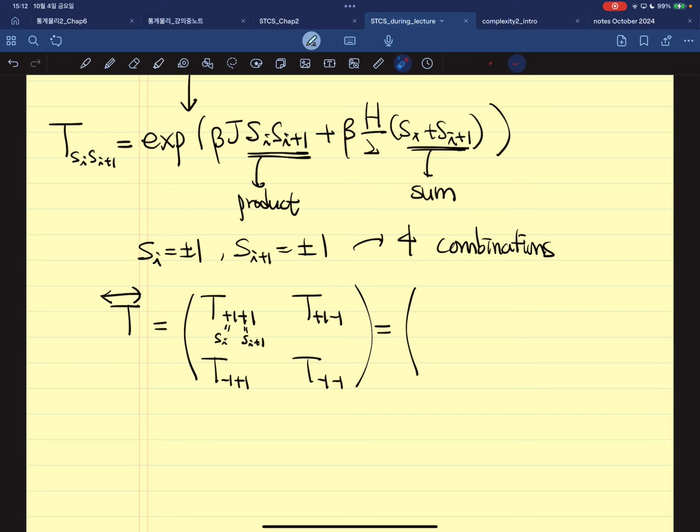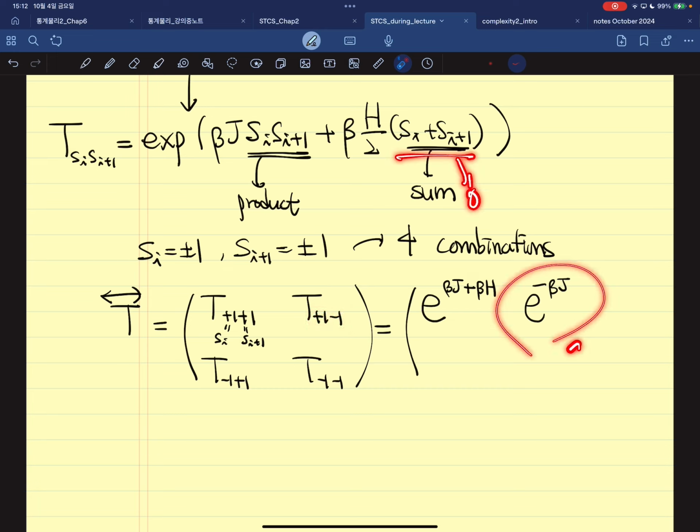Then we have to plug in 1, 1, 1, 1. Then the factor here is the exponential of beta J plus beta h. It's 2, so it's beta h. What about this? In this case, the product is now negative, and because this sign is different, the summation term becomes 0.